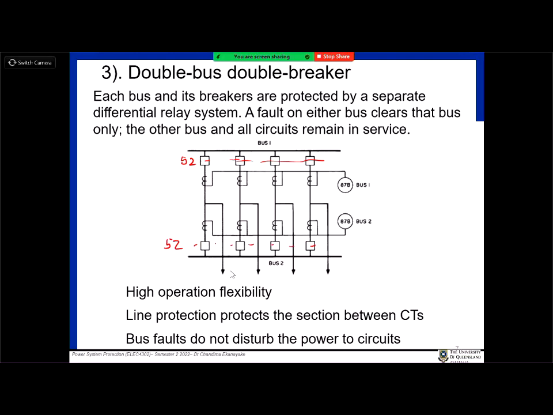So zone protection will look after these areas, right? But the circuit breaker or these CTs look after faults from the top one above the CTs, for the bottom one below the CTs. Remember that, right?